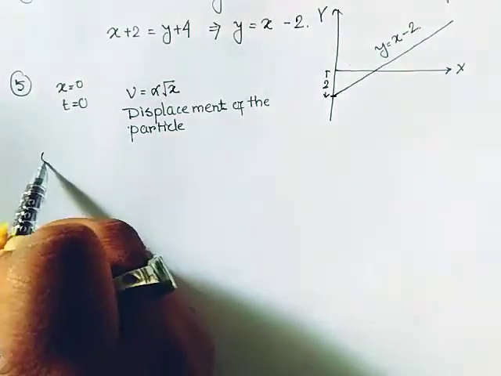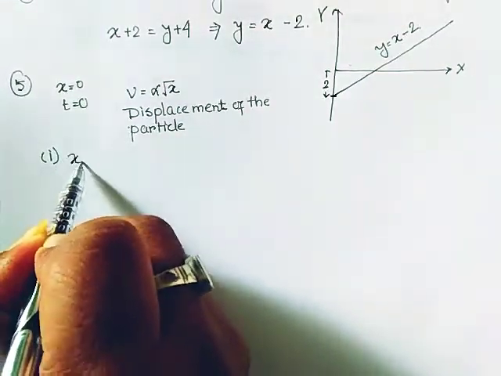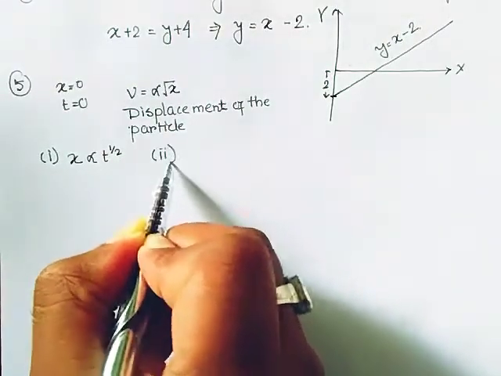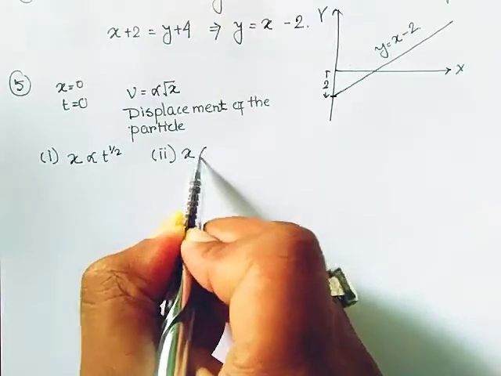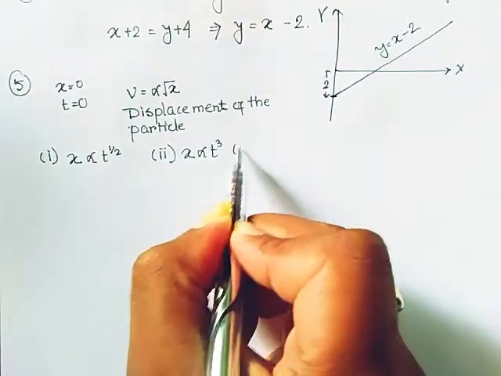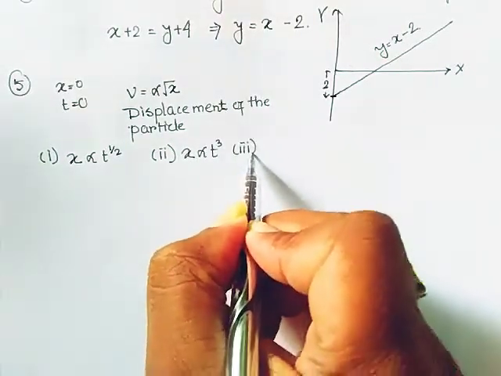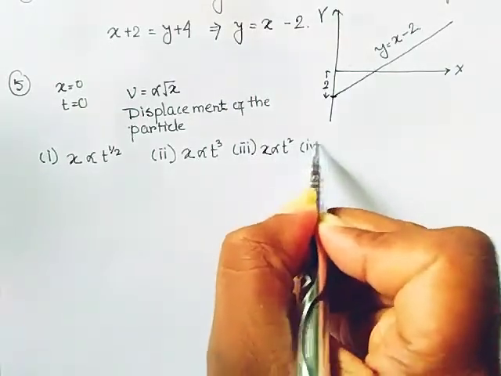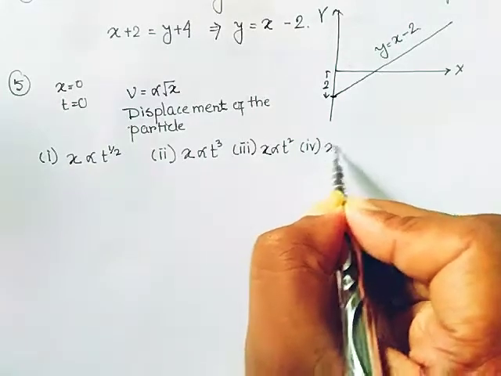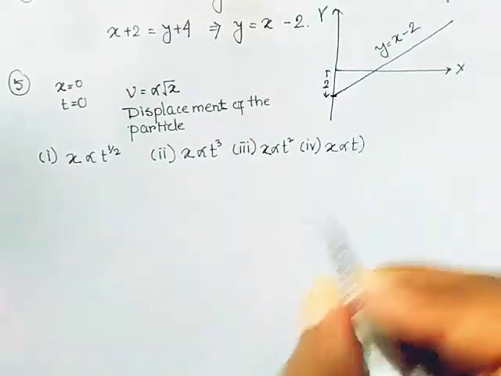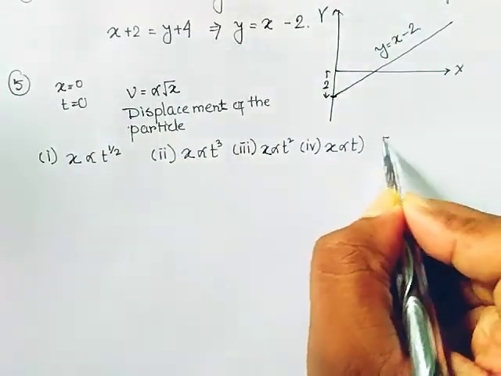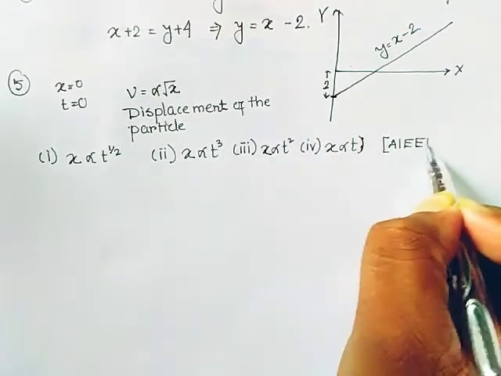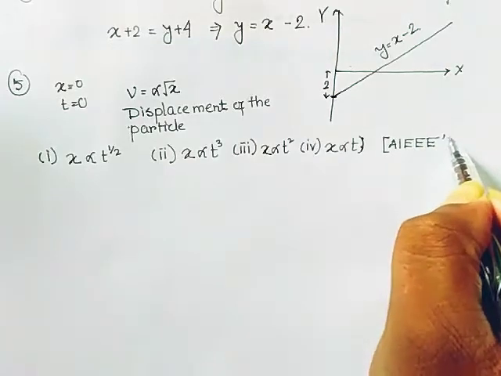And the four options are x proportional to t to the power 1 by 2. Second option is x proportional to t cube. Third option is x proportional to t square. The fourth option is x proportional to t. And this question came in IIT 2006.